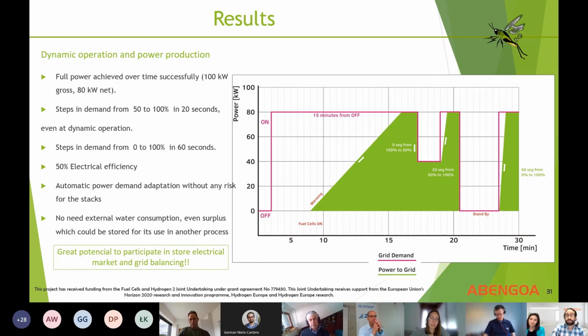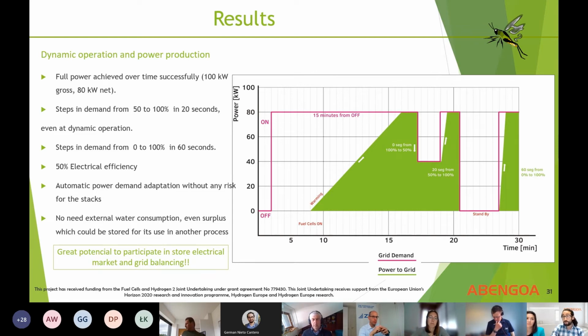Then you will see here load change steps. Going down is actually instantaneous, less than a second. And then you see here, for example, steps from 50% power to 100% power in less than 20 seconds, and from 0% to 100% in less than 1 minute.